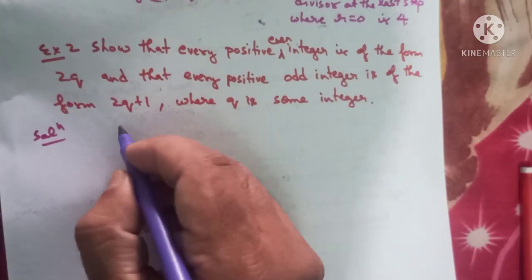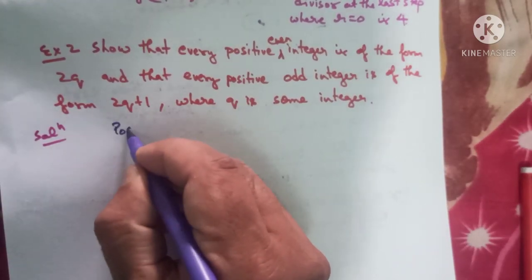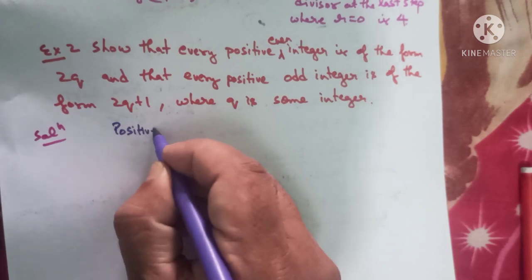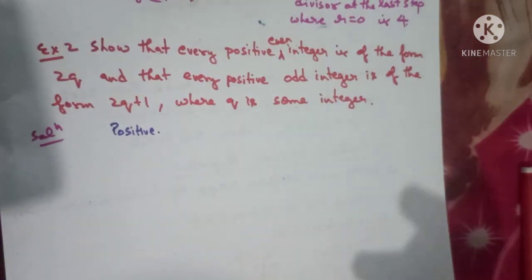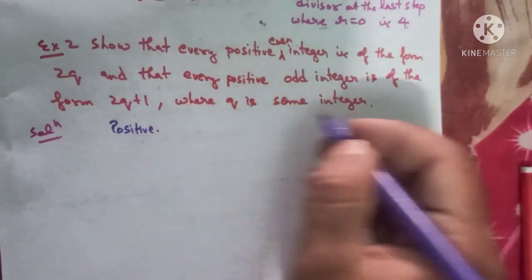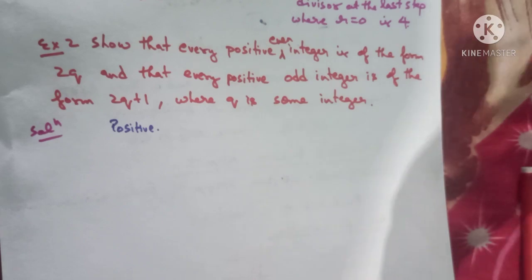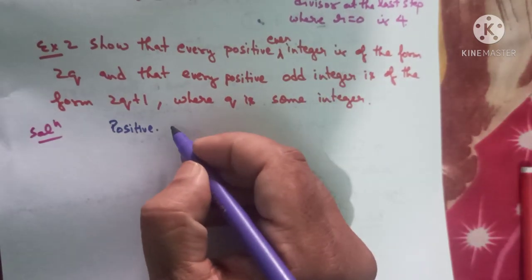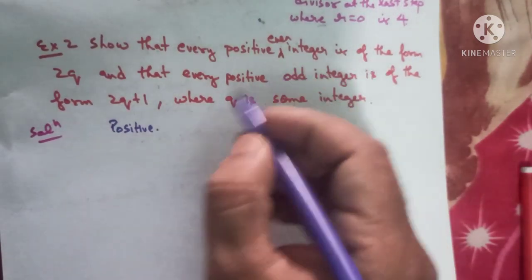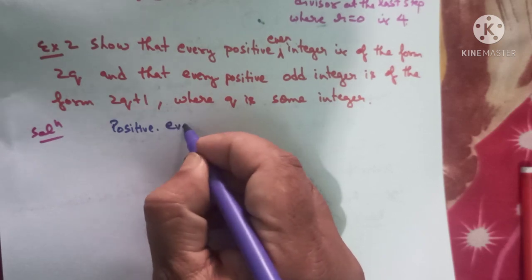See, if we are talking about positive integers, all positive integers 1 2 3 4 5 6 7 8, and so on, positive integers start from 1 and go to infinity. First we are talking about positive even integers.